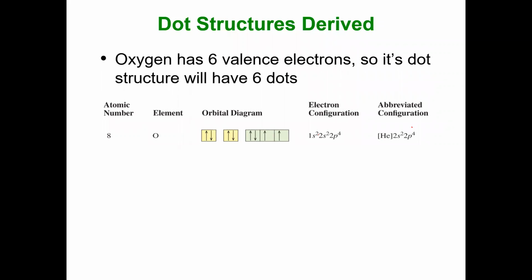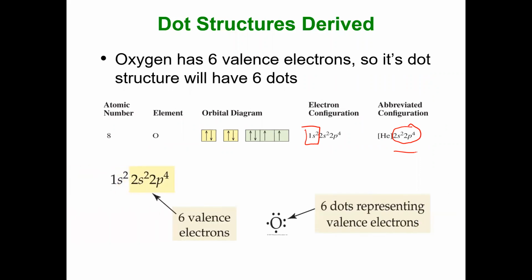Why is that? Its valence shell, the second orbital, is 2s2, 2p4. So that's 6 valence electrons. We don't really look at the 1s2 because that's in a core electron shell and it's not involved in bonding. So it has 6 valence electrons.